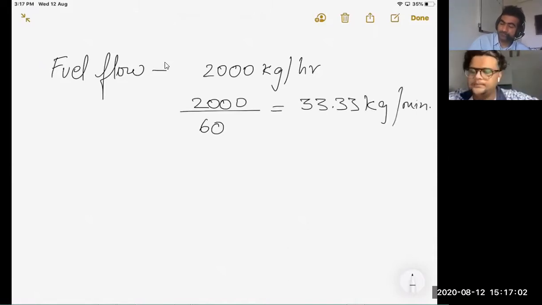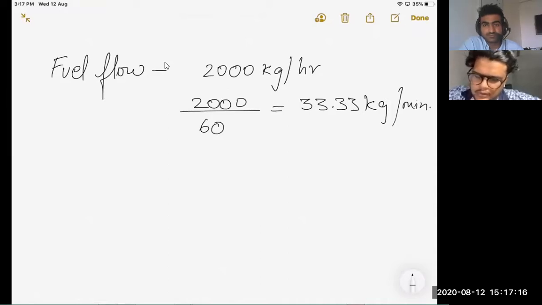Just do 33.33 into 60. What is the answer? If you have to check this answer in hours, 33.33 into 60 is 1,999.8.